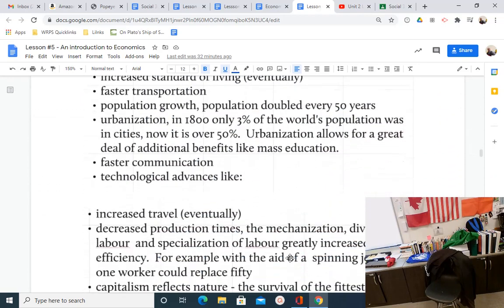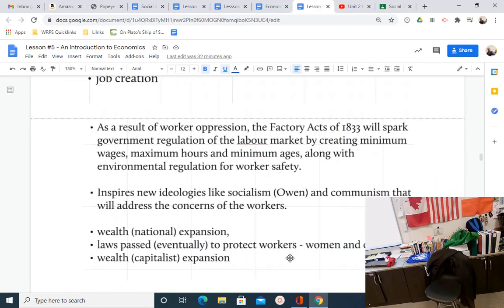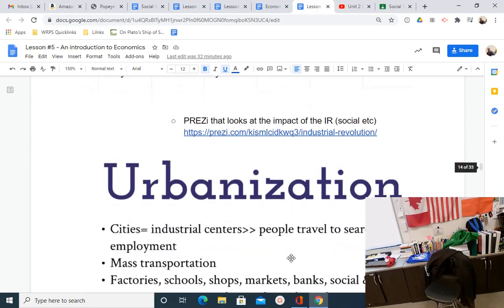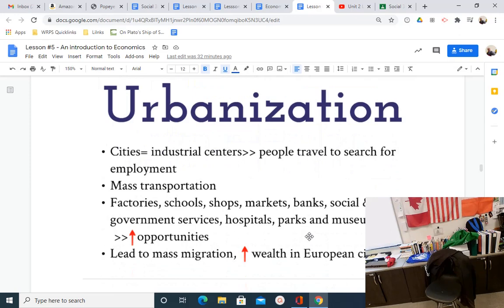So, we've gone through the good side and the bad side in the Industrial Revolution. We have some related videos we can look at here too. One of the good sides was urbanization. In urbanization, you're going to have these benefits when you move to the city. You're going to have things like parks and schools and hospitals that, because of the Industrial Revolution, created an incentive for people who had moved to cities where the work was.